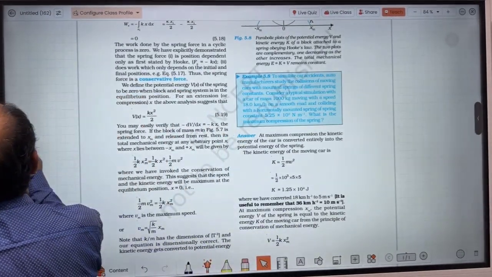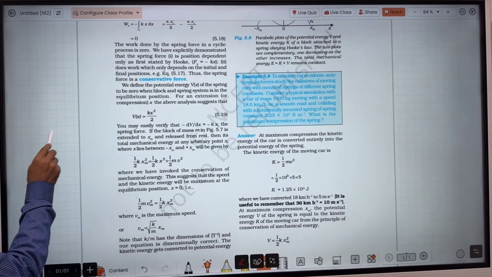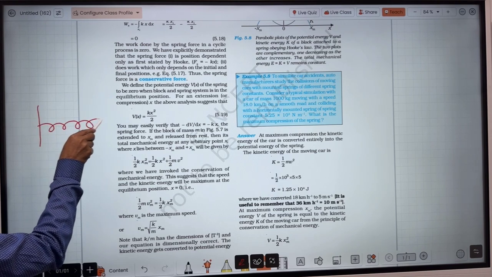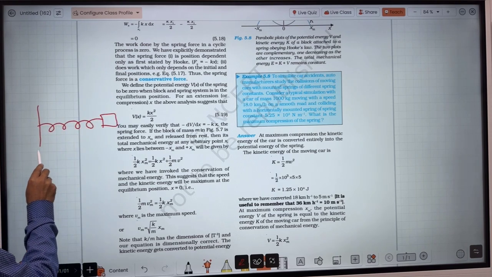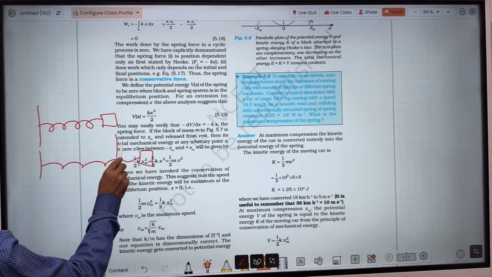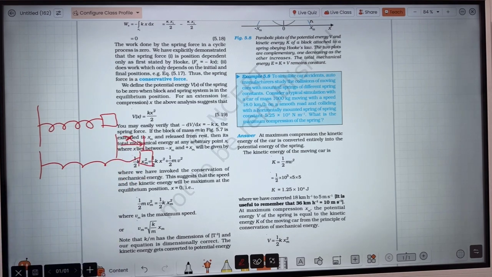Here, suppose this is the original position of the spring, and now suppose it is pulled to this position. So there is an elongation of x. We have seen in the earlier case that work done is always stored in the form of potential energy. So the potential energy of a spring will be half kx square.